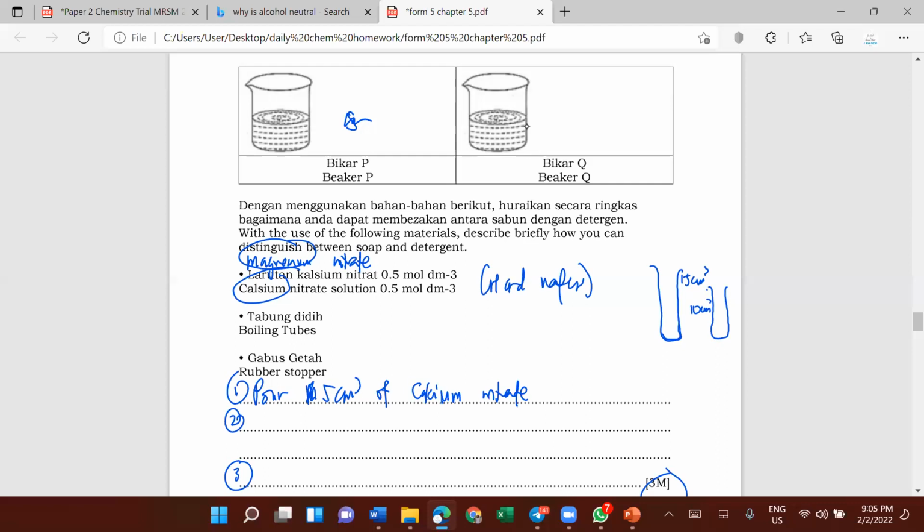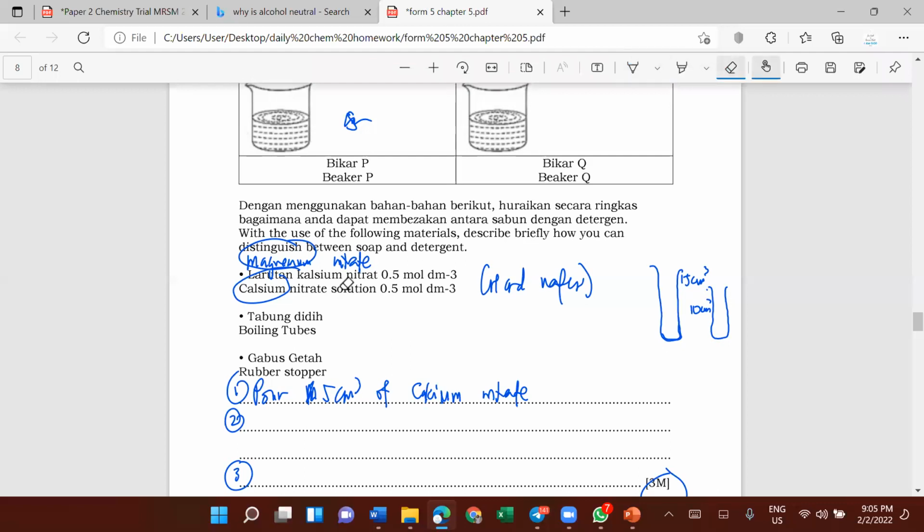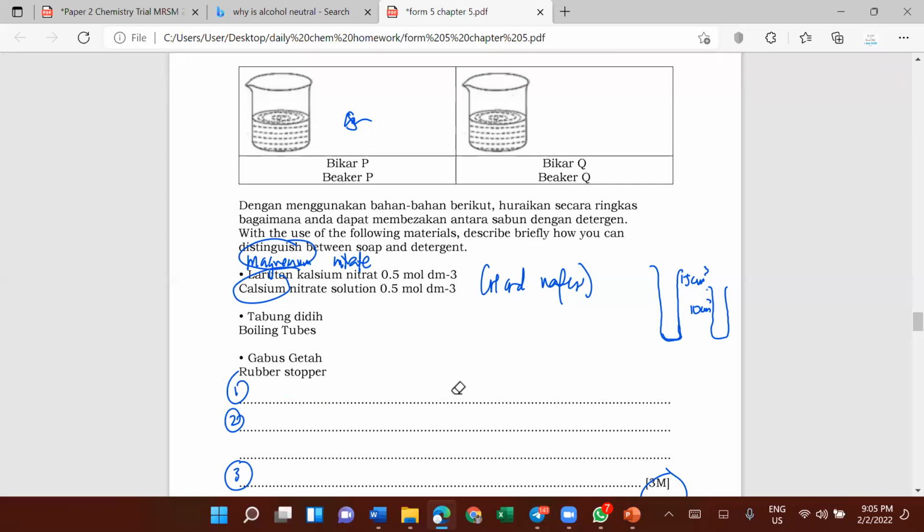Actually, if I was him, I wouldn't use this sentence. Can someone help him? For 5 cubic centimeters of calcium nitrate solution into the boiling tube.